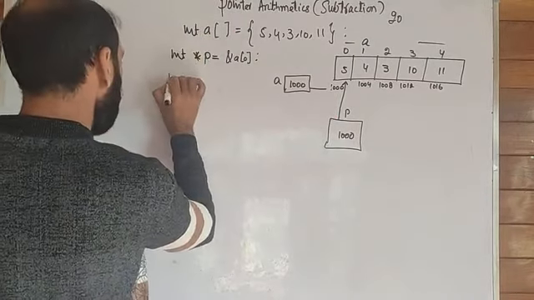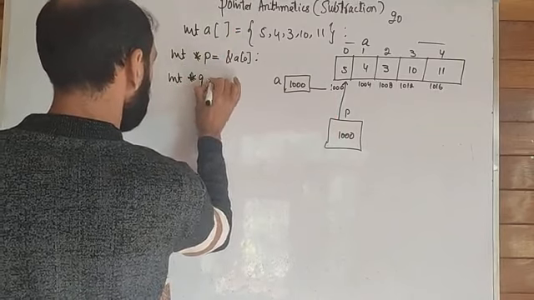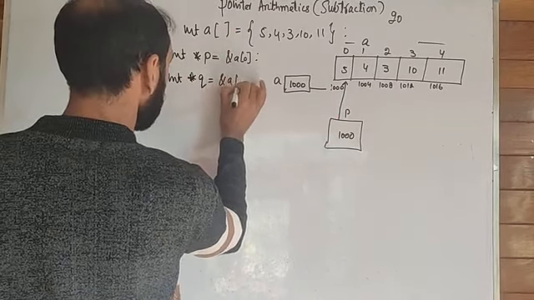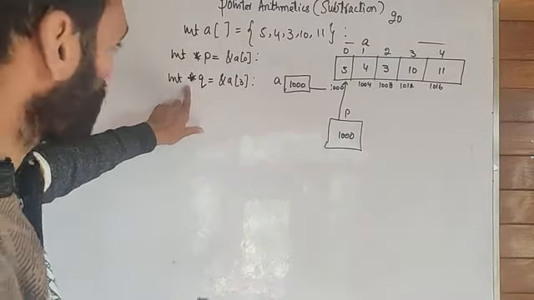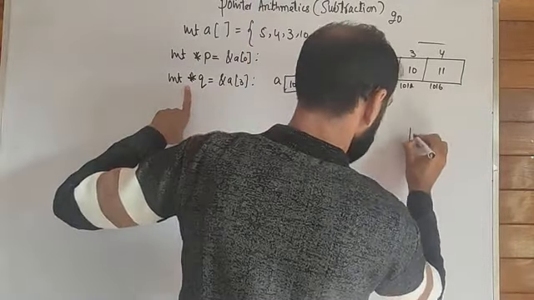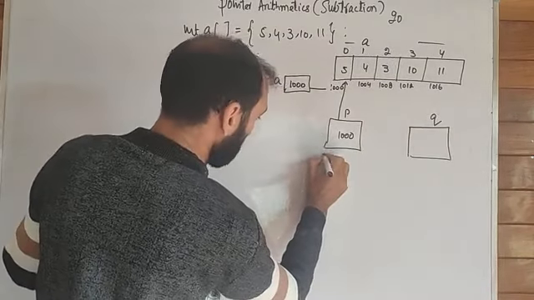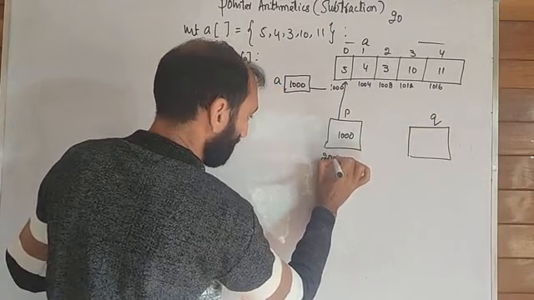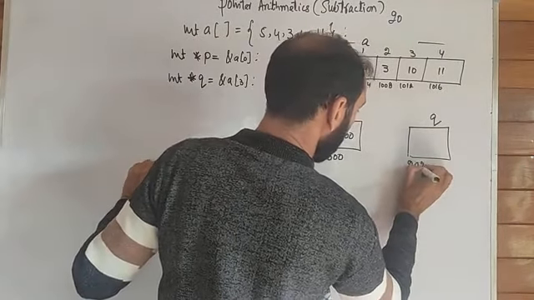Now int star Q holds the address of A of 3. Q is also a pointer in memory. Let us check its address, for example up to 2000, so Q is at 2024.